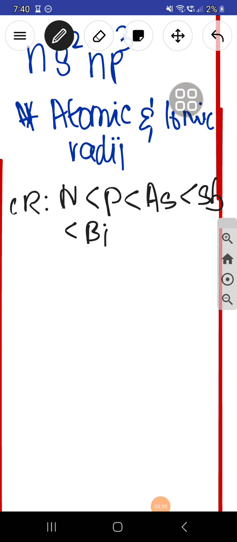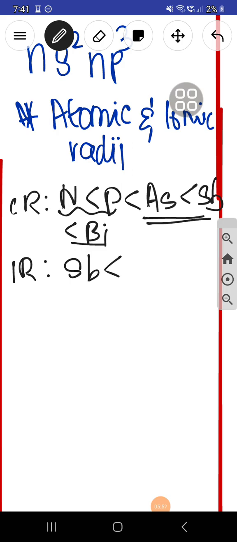From nitrogen to phosphorus we can see a considerable increase, but in heavier members we cannot see that considerable increase because of the adding of bigger subshells like d and f. Now when we are considering the ionic radii order, it is Sb, Bi, then nitrogen, phosphorus, arsenic.